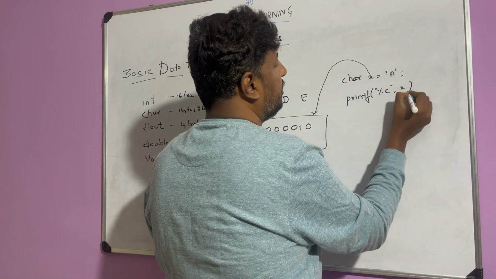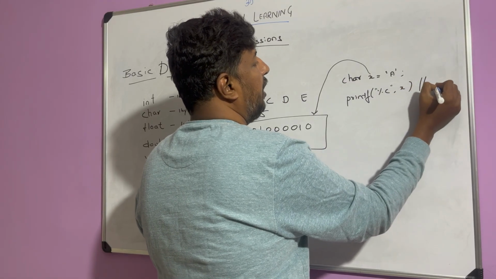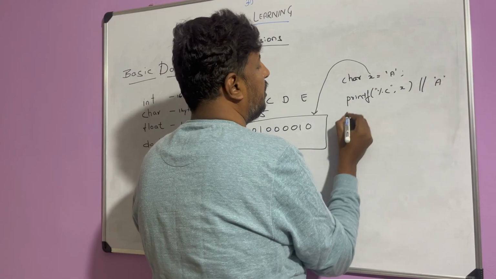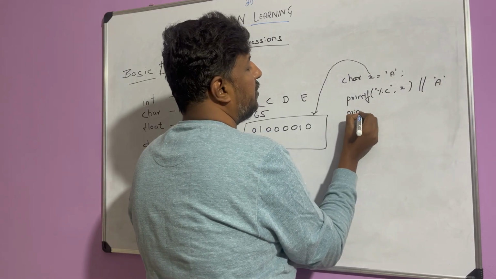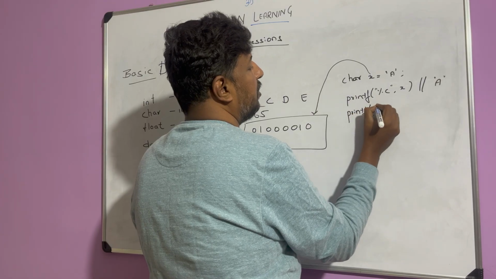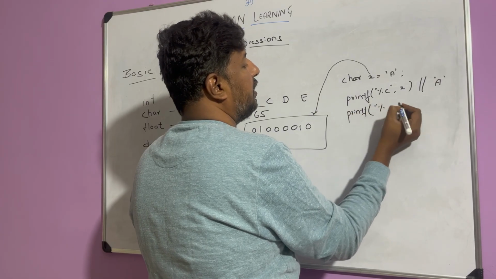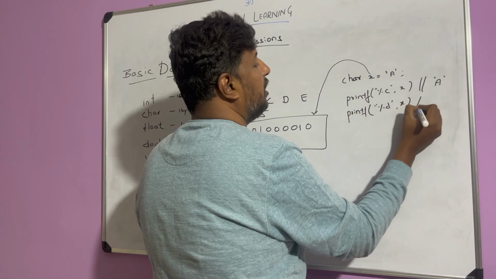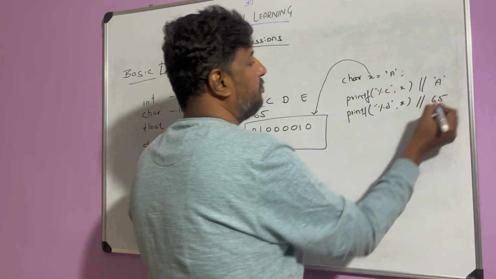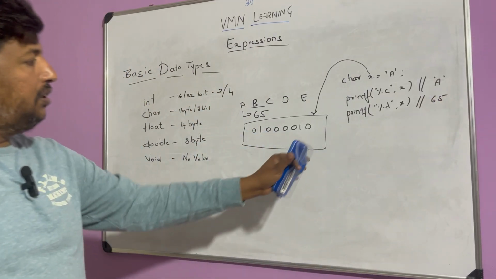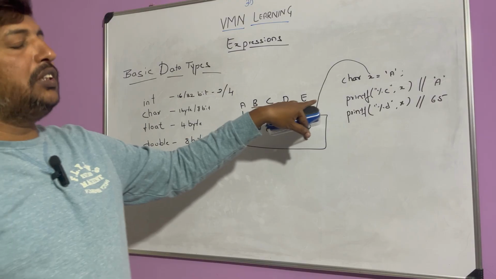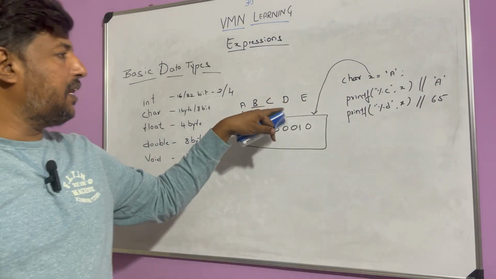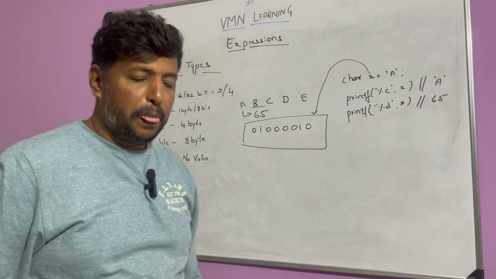If you pass x, it will print A. With printf and a format specifier for the number, if you put x, it will print 65. So you can get the values of each character like this.